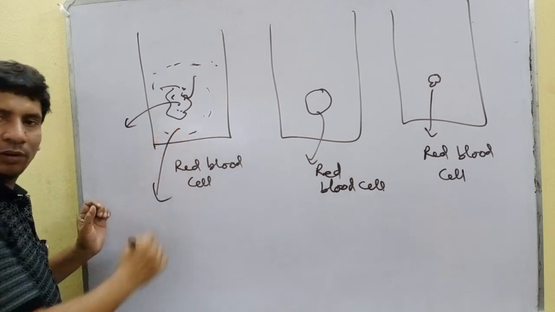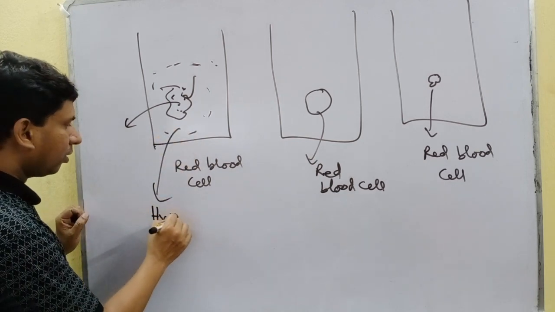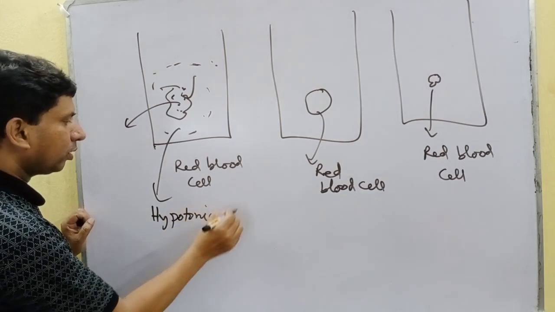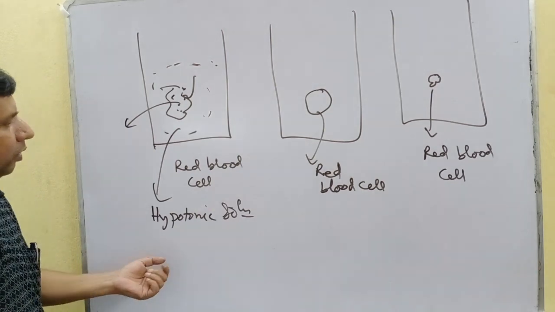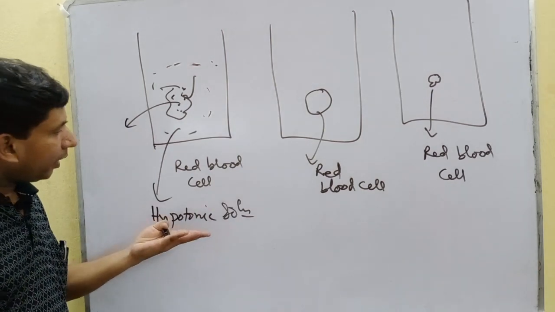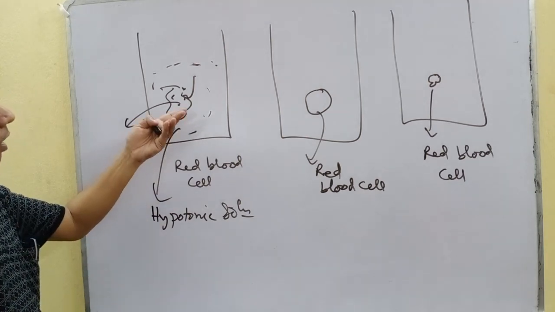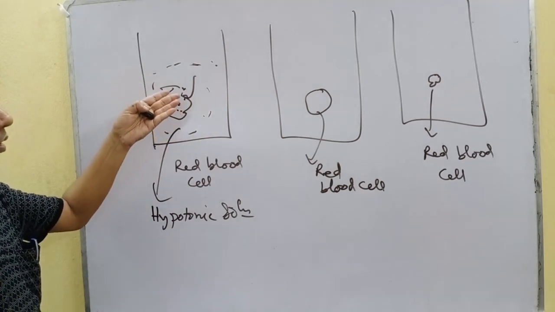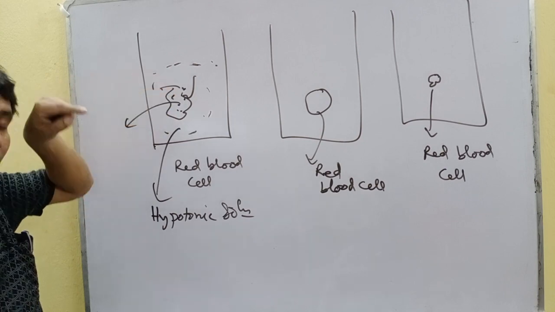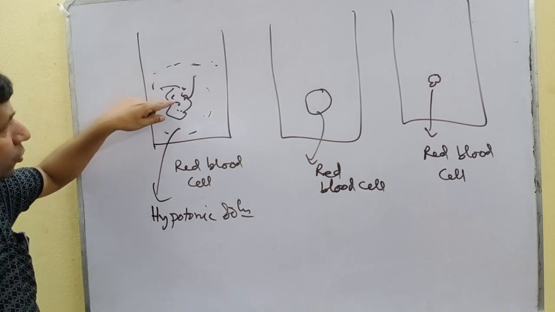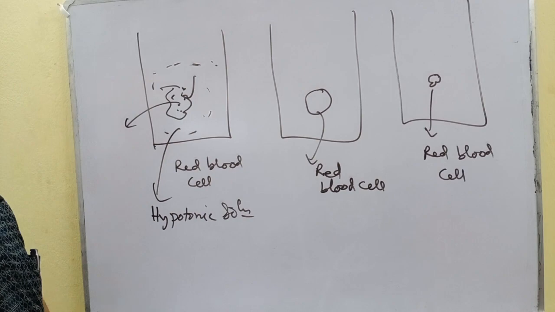This type of solution is known as a hypotonic solution. What is a hypotonic solution? When the concentration of a solution is very low compared to the concentration of the solution inside the red blood cell.